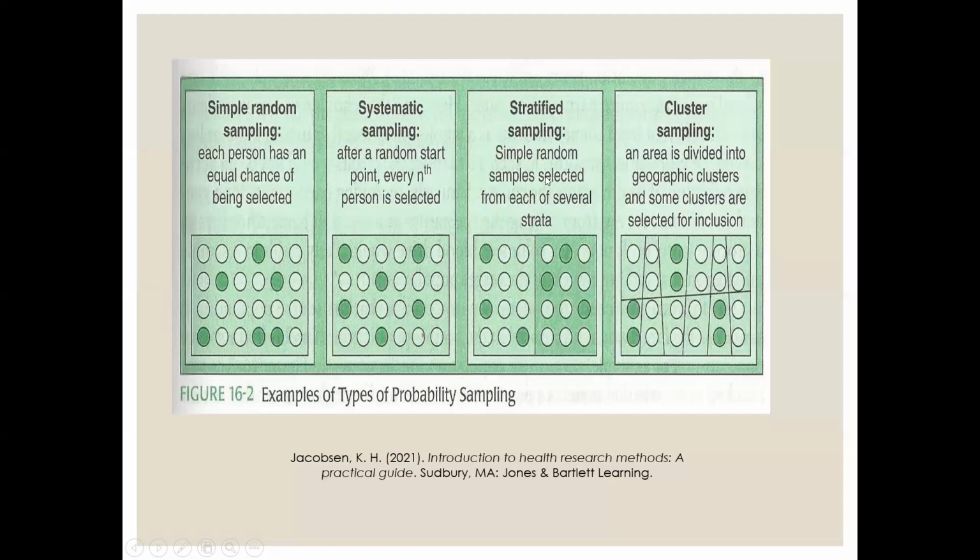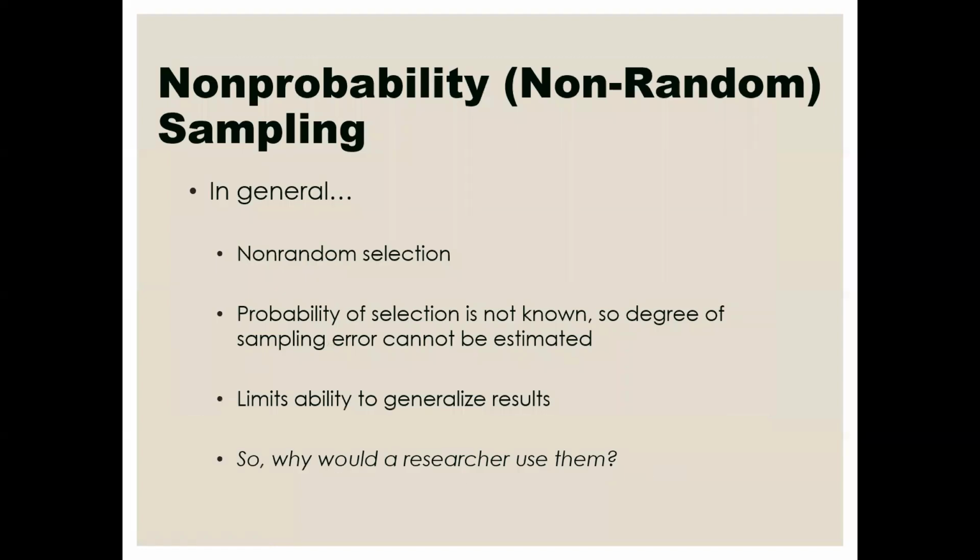In stratified, you're dividing amongst 2 groups and then randomly selecting within the 2, and then cluster. These are the geographic areas, and then you're selecting within those. So the samples look different, and the process is a bit different, but they're all trying to understand how we make our sample like the population so we can generalize, or if it's different, that we're aware of it.